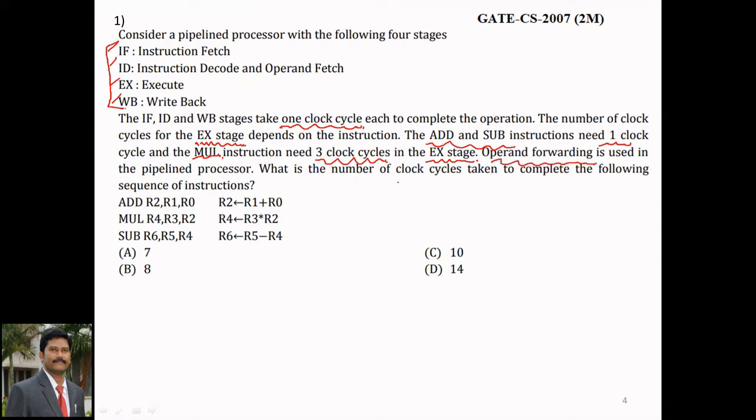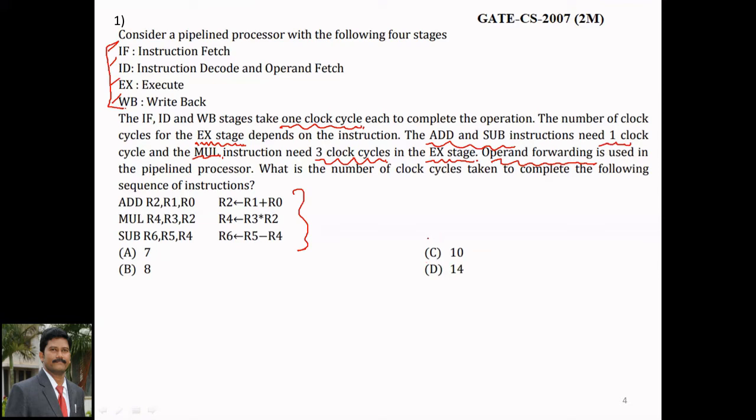What is the number of clock cycles taken to complete the following sequence of instructions? Number of clock cycles to execute this program. Option A 7, option B 8, option C 10, option D 14. So you are advised to pause the video and try on your own.